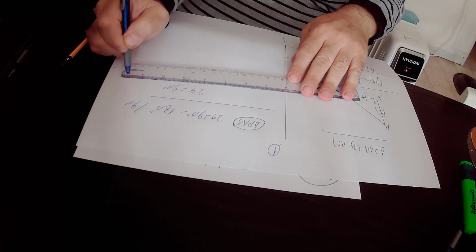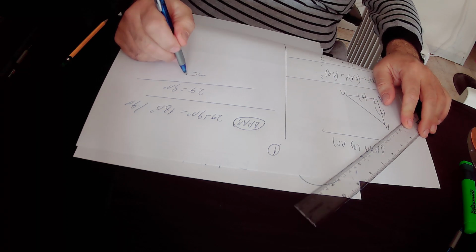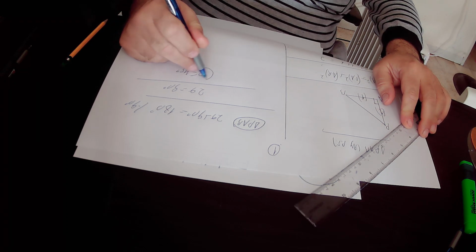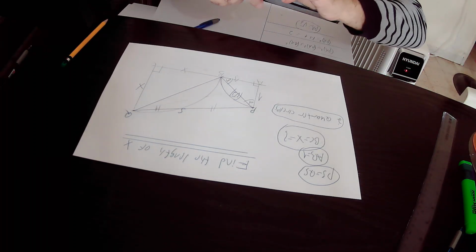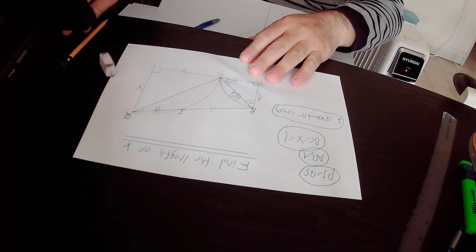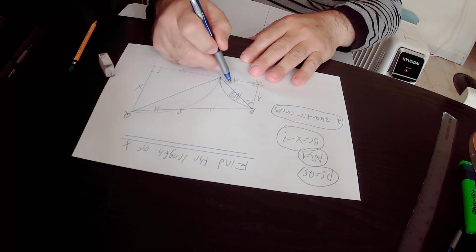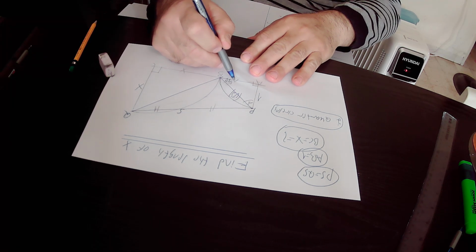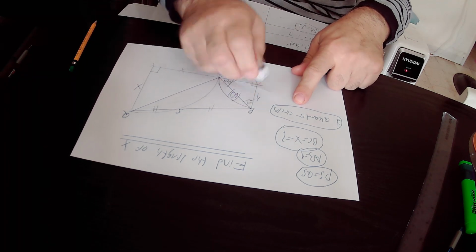We divide this equation by 2 and finally we get that alpha equals 90 degrees over 2, which is 45 degrees. So this is again alpha, equal to 45 degrees in size. And this is also angle alpha, equal to 45 degrees.